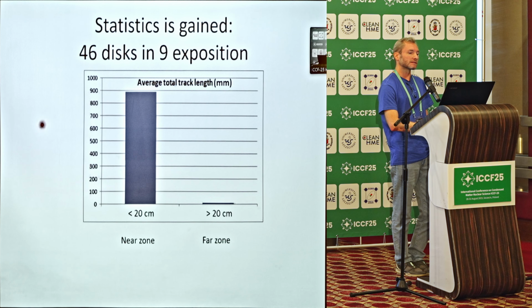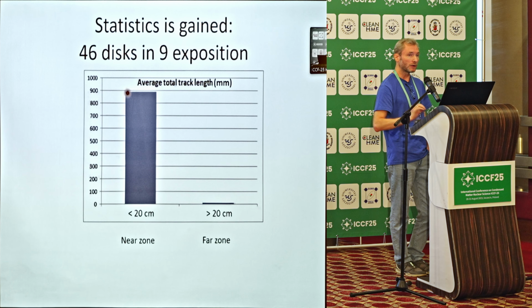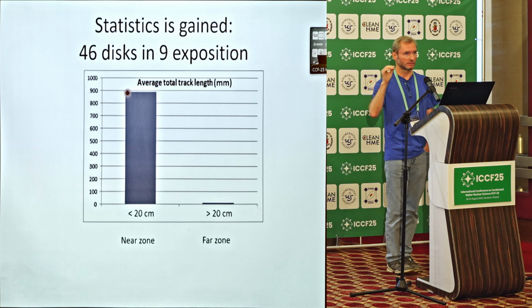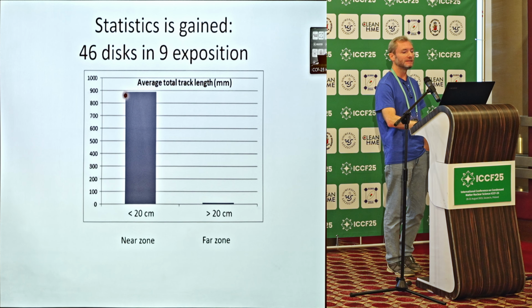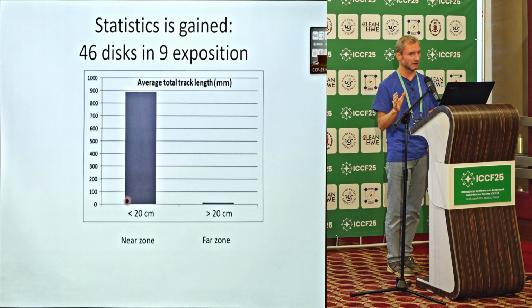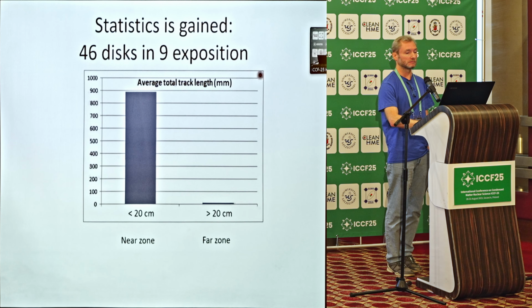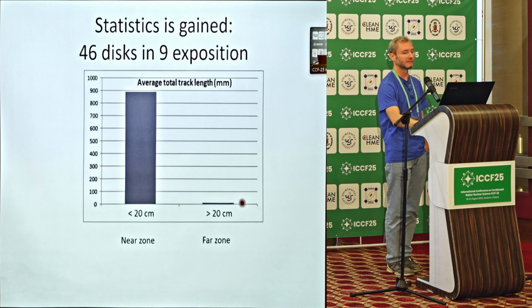You can see that the average total track length is about 1 meter per disk, only in the near zone near the reactor, less than 20 centimeters, and about 2 orders less in the far zone.